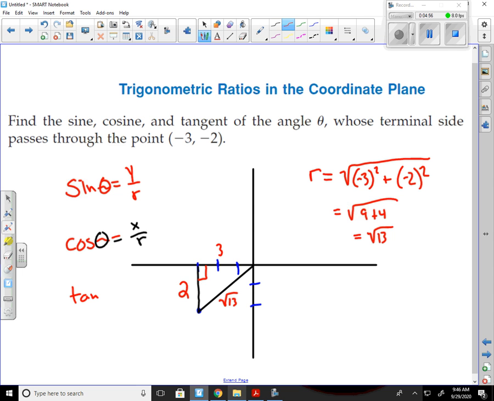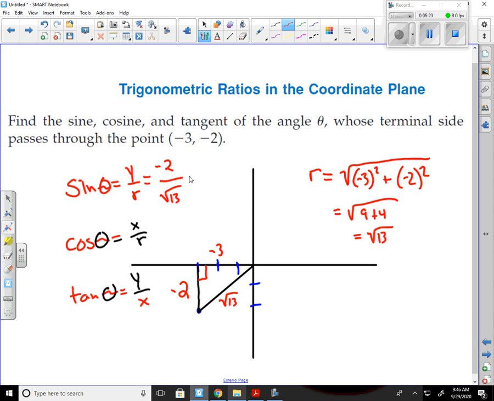And tan theta is equal to y over x. So sine theta would be y over r, or over the square root of 13. So I would have negative 2, because it went down 2, over the square root of 13.